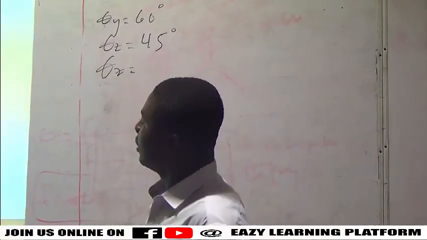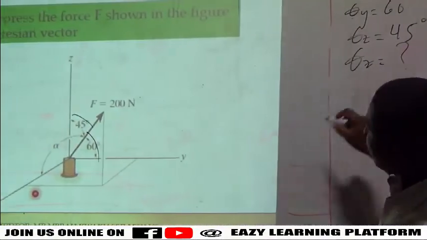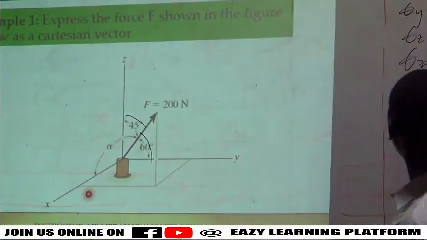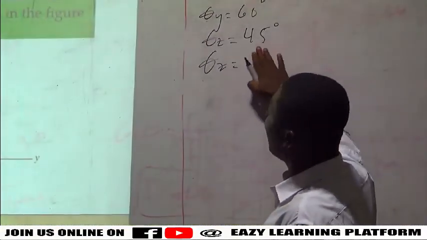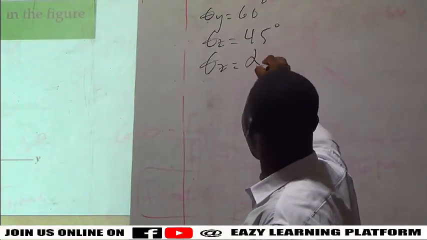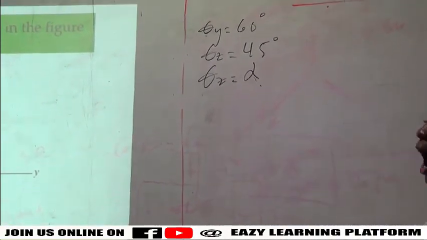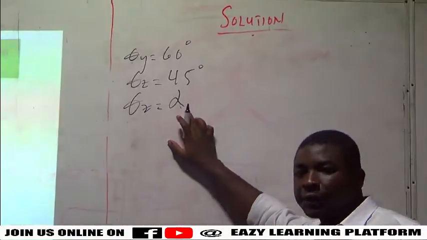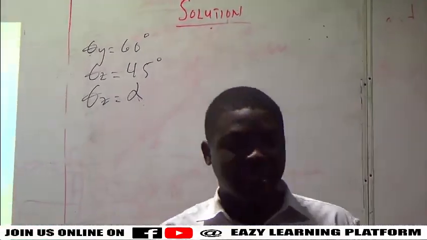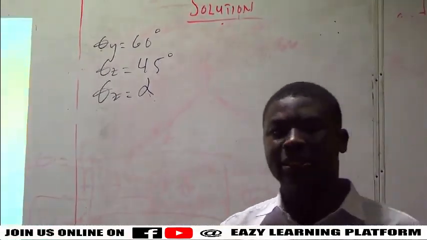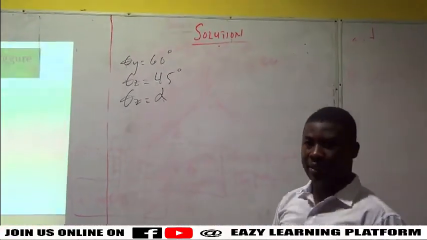Theta x, we don't know, because this is giving us alpha. So our theta x is alpha. How do we find alpha? We know the relationship between theta x, theta y, and theta z.